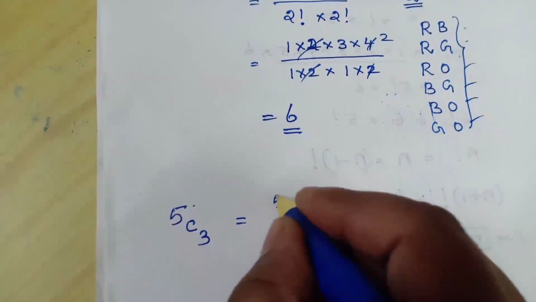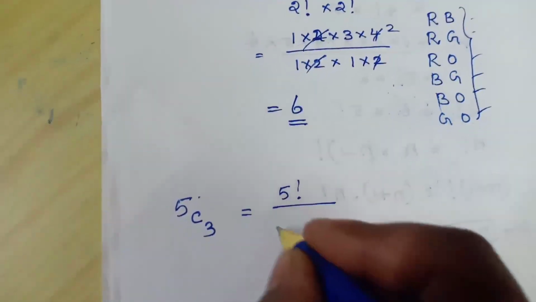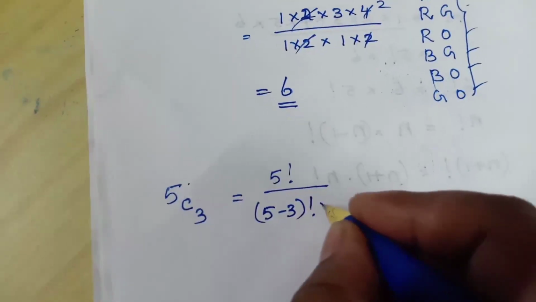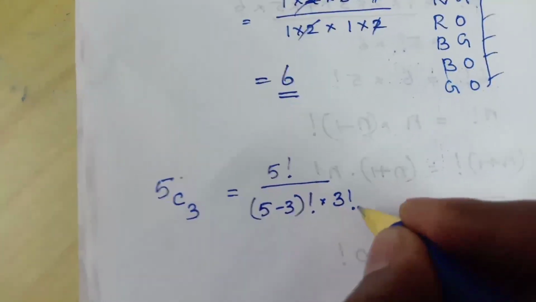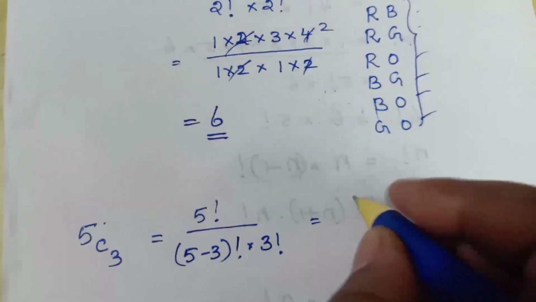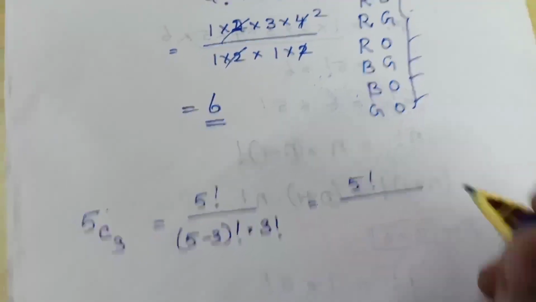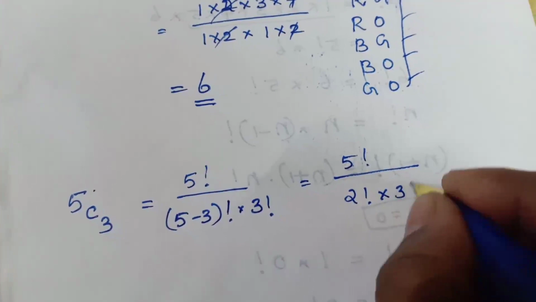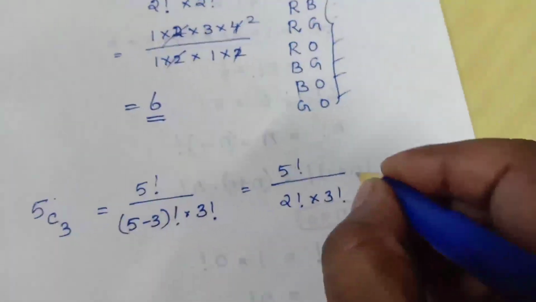So 5 factorial divided by 5 minus 3 factorial into 3 factorial, which is 5 factorial divided by 2 factorial into 3 factorial.